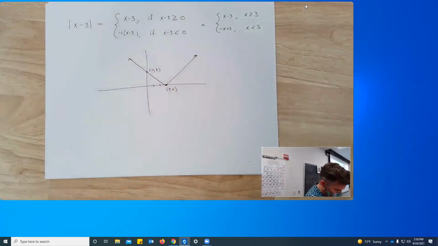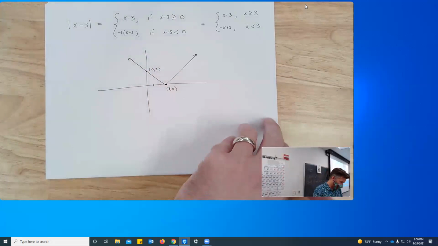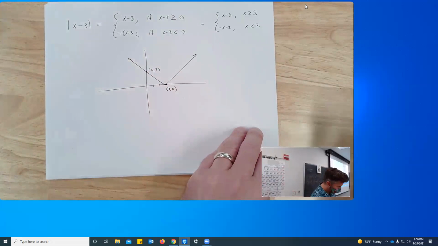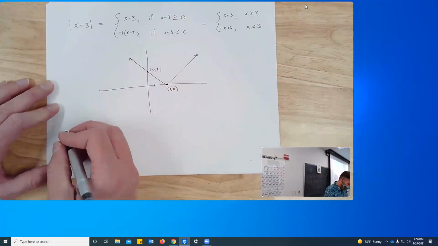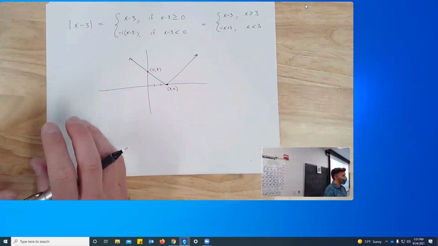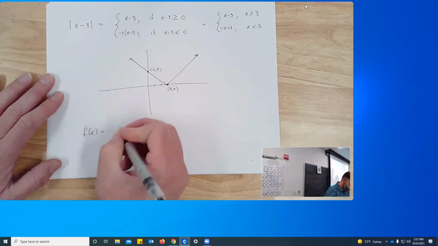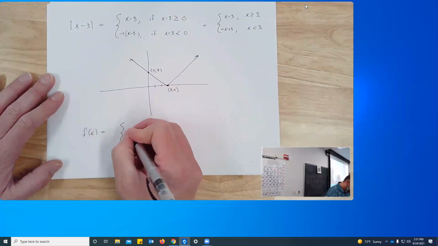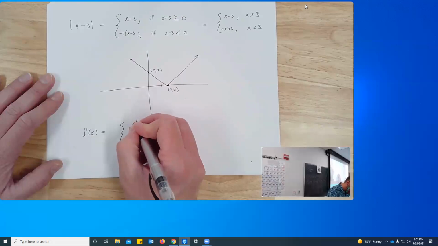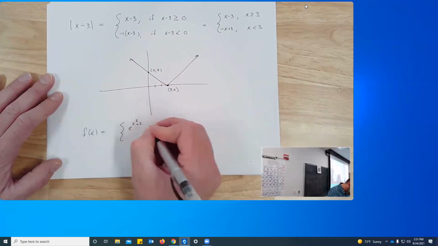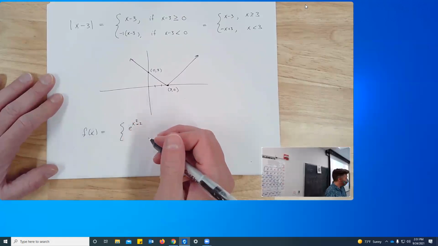But these are not the only piecewise functions you have to deal with. Somebody asked about this one. And yeah, let's go ahead and look at this one. So the next one we're going to look at is, and you should correct me if I'm wrong, I think what they were trying to get across was a piecewise function, e to the x squared minus 2. I'm not sure if the minus 2 is in the exponent or not.